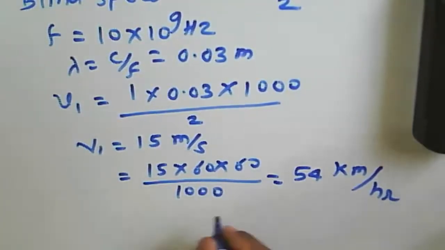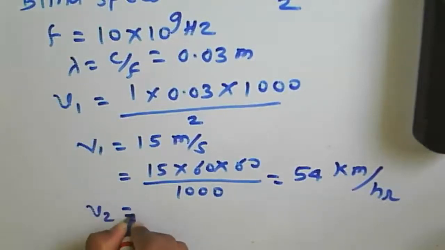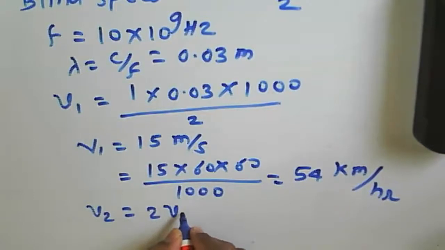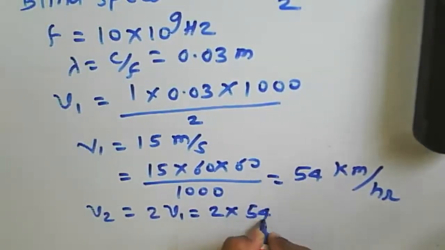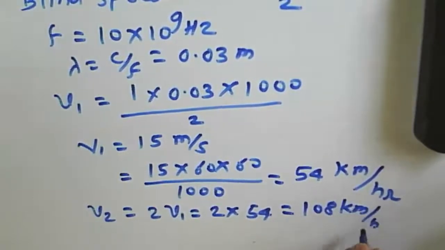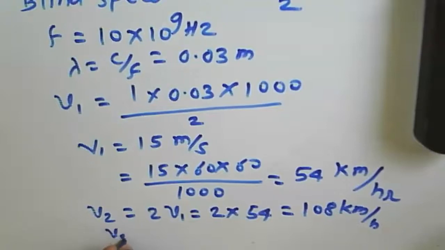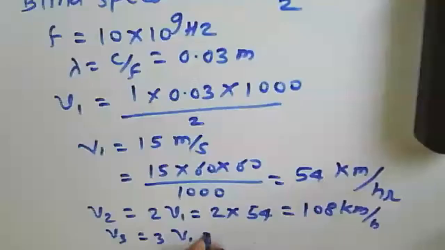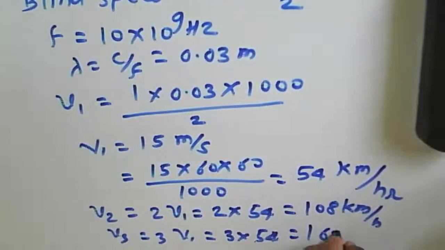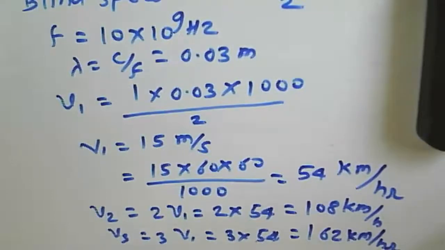So that is the first blind speed, 54 kilometers per hour. Then the second is twice V1, that is 2 into 54 equals 108 kilometers per hour. Similarly V3 is 3 times V1, 3 into 54 equals 162 kilometers per hour.